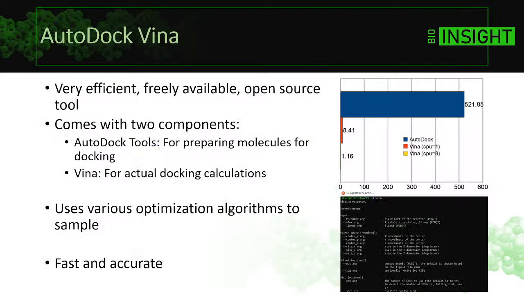So let's get started. AutoDock Vina is one of the most popular algorithms for performing molecular docking calculations, and that has been there for a really long time. The earlier version of Vina, that is Vina 1.1.2, was introduced in 2011, and after that there had been no updates until 2021.